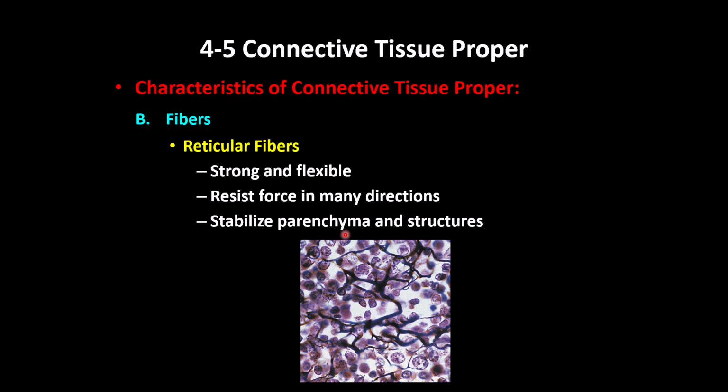The parenchyma is the cells of the organs that have a specific function, and these fibers keep all these cells together. This is why they are small, but there are so many of them, creating a network like a tree.